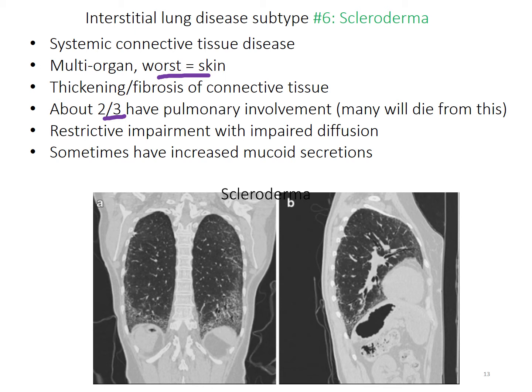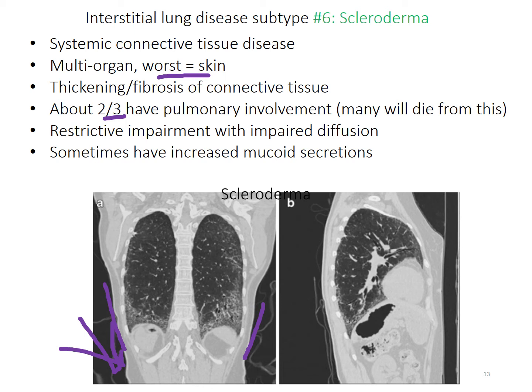The scarring within the lungs causes a restrictive impairment with impaired diffusion of gases, but the tightening of the skin and other collagenous tissues around the thorax can also be a cause of restriction. You can see in the image here the narrowing of the lower rib cage. As you can imagine, that would make it quite difficult to breathe.